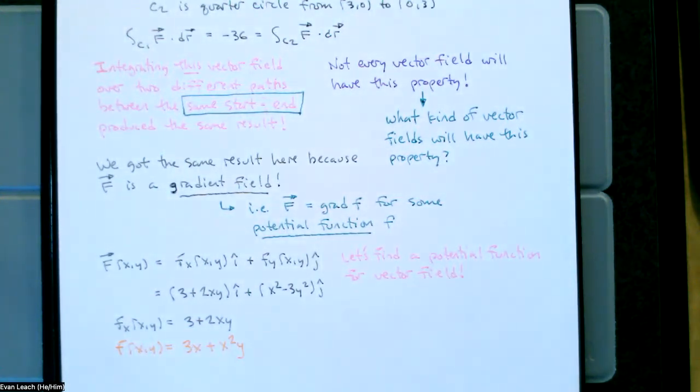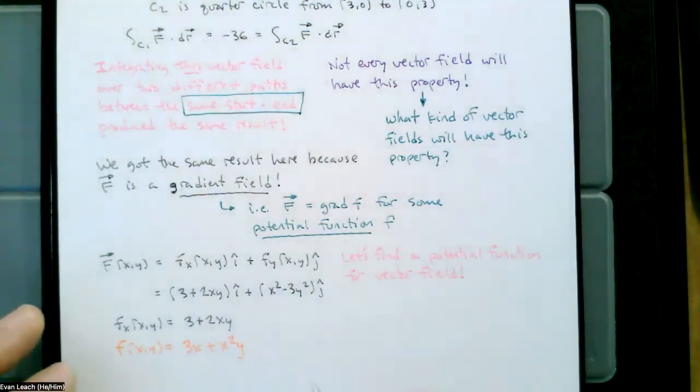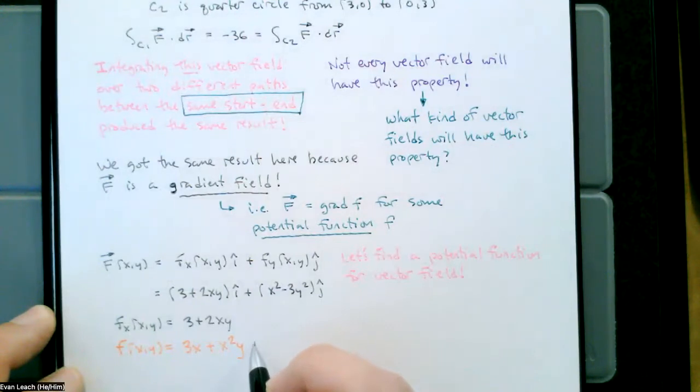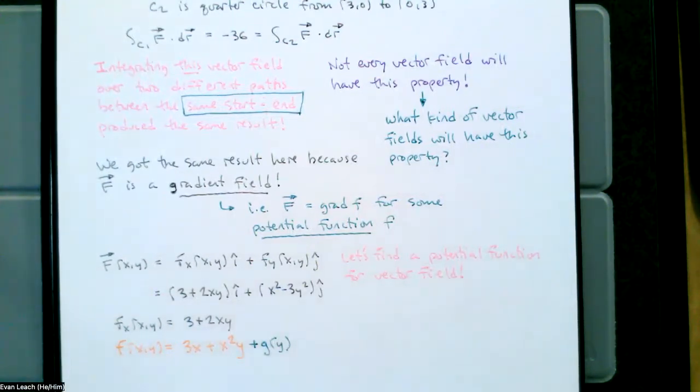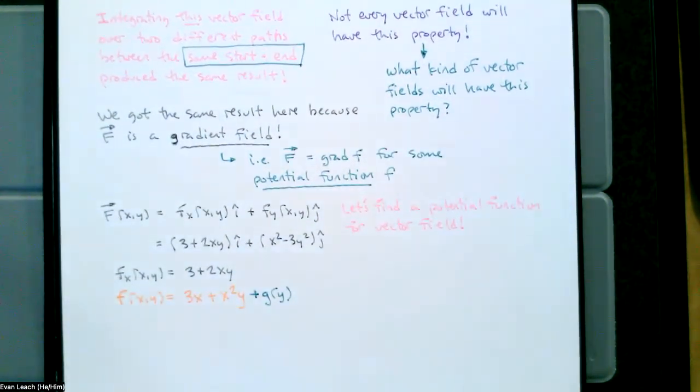So not only will we have to think about a constant that could show up as a constant of integration, but we could have an entire function of y that the derivative with respect to x considers to be constant. The partial with respect to x will treat a function of y as a constant.